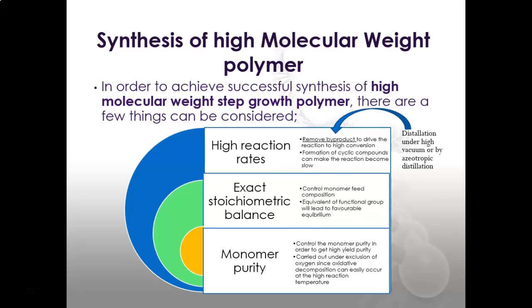And to control the monomer purity in order to get a high purity yield, we want to carry out the reaction under exclusion of oxygen, since oxidative decomposition can easily occur at high reaction temperature. We want to control the oxidation process, right?